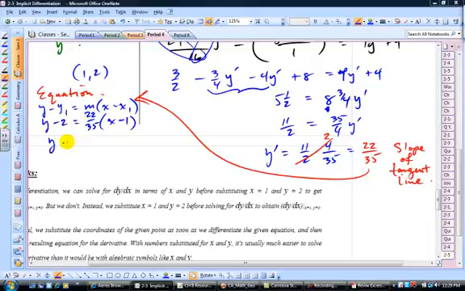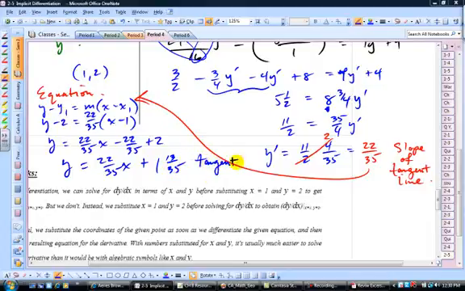When I distribute through and add 2 to it, I get 22/35 x minus 22/35 plus 2. And my result is 22/35 x. 2 minus 22/35 is 1 and 13/35. So plus 1 and 13/35. And there's your tangent line right here, which is what you want. All right, there's my end result.